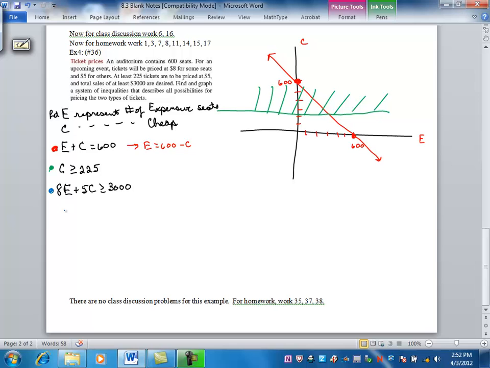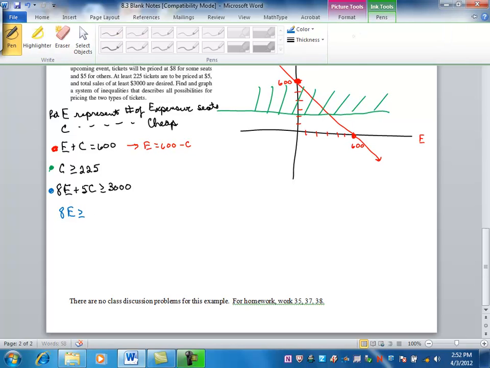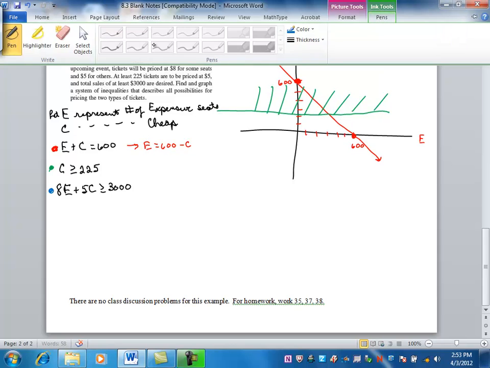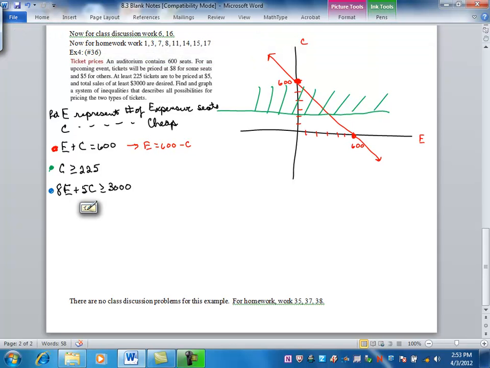Alright, so if 8E is greater than or equal to, actually let's go for C here. That seems to be on our y-axis. So 5C is greater than or equal to negative 8E plus 3,000.